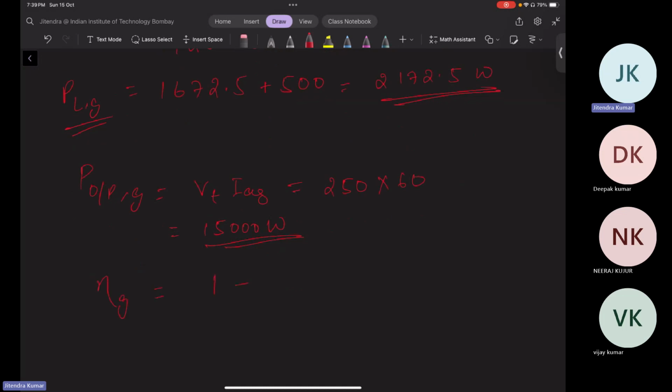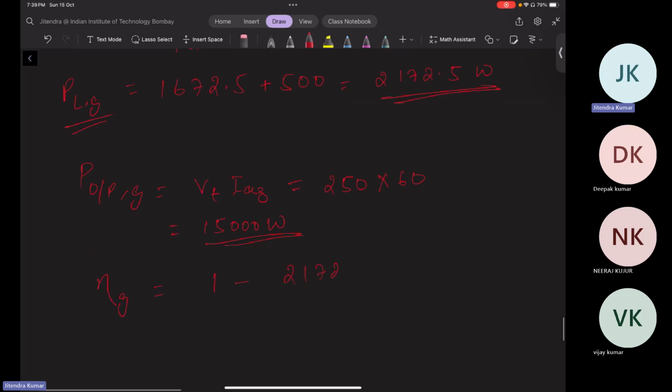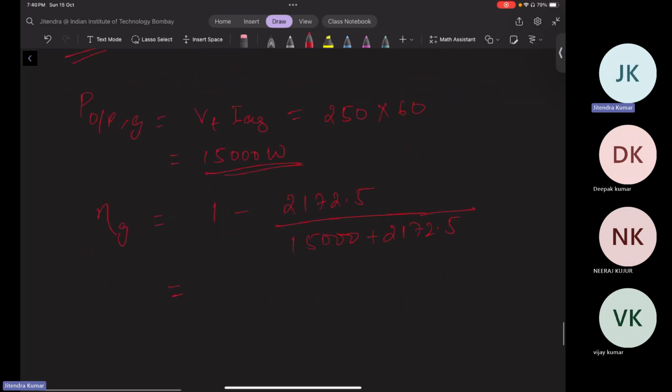So now we have all parameters. Efficiency of generator is equal to 1 minus losses, 2172.5, divided by 15,000. So it will be 0.873.